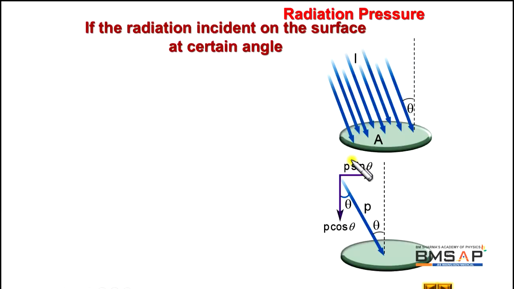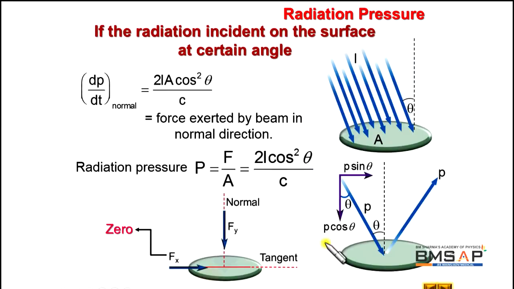So, in this case there is a change in linear momentum parallel to the surface as well as perpendicular to the surface. Okay. So, let us calculate the change in linear momentum per second in the normal direction first. Initially you can observe the linear momentum in the normal direction is p cos theta, and finally it is equal to 0. So, there will be one change.